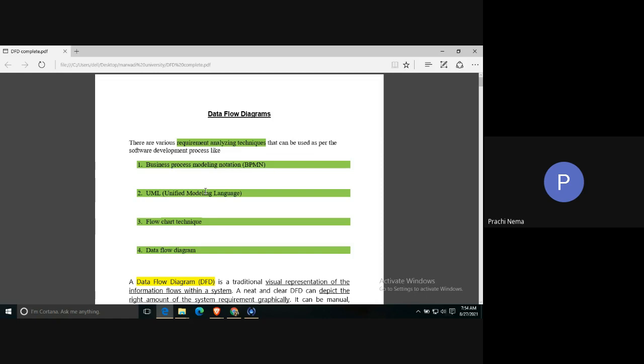All these diagrams are also techniques for analyzing the requirement. Third one is flowchart. Flowchart you have been studying since the start of engineering or even before that. Flowcharts are very common, and the last one, which is our topic, is data flow diagram.